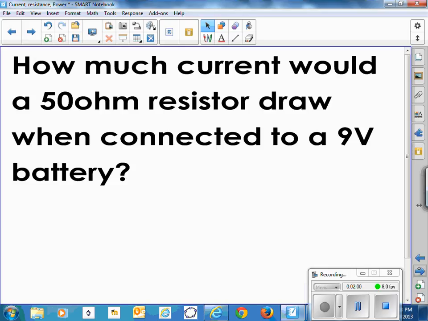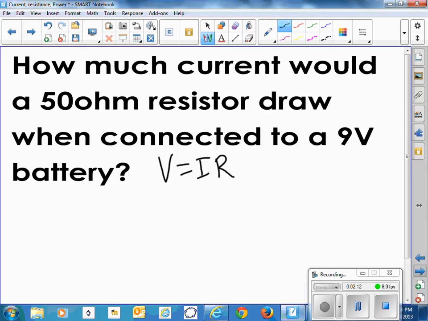So how much current would a 50 ohm resistor draw when connected to a 9-volt battery? So the voltage equals the current times the resistance. We should memorize that one. So if they're asking for the current, then we solve for current.